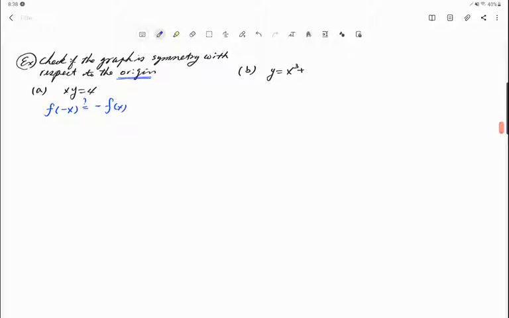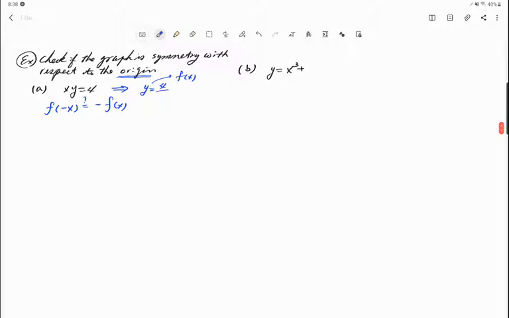Let's rewrite it in terms of x. So y equals, divide each side by x, so this is f of x, 4 over x.